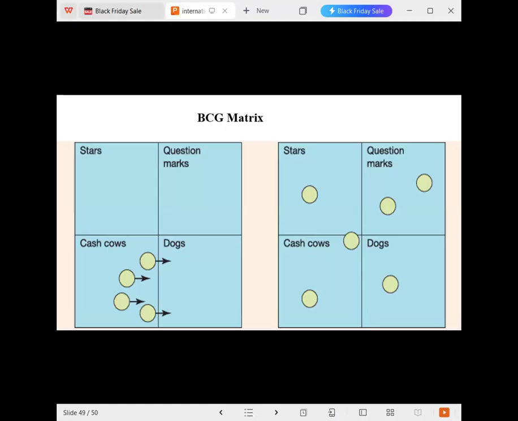They have a larger market share, and according to that explanation, they don't even have to invest. They have more than enough money to invest or to market the products. They have enough cash coming from this cash cow. So it's a good place for them, and they can keep growing because they already have a good market share.